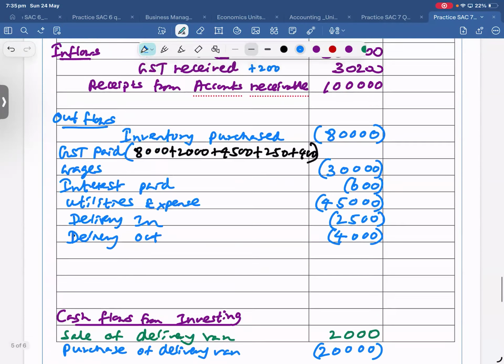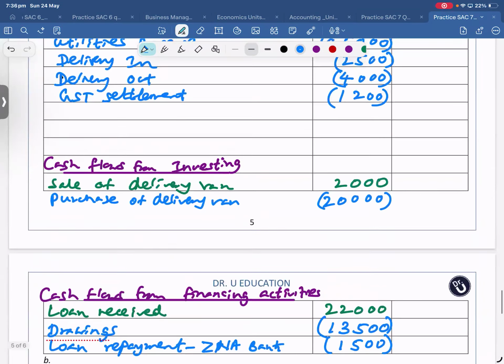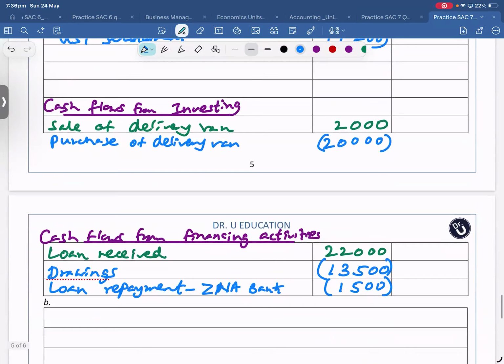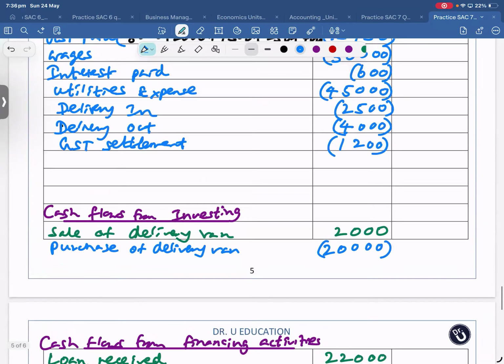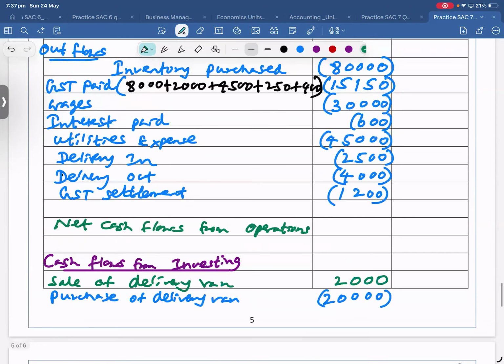You know that one. 15,150 is GST paid. And also, guys, we have net cash flows from operations, right?